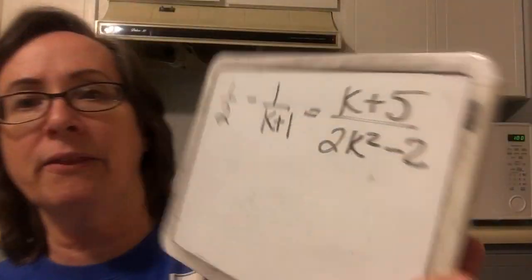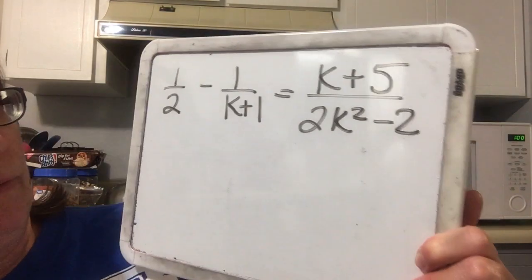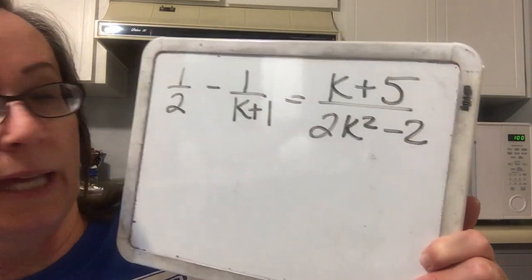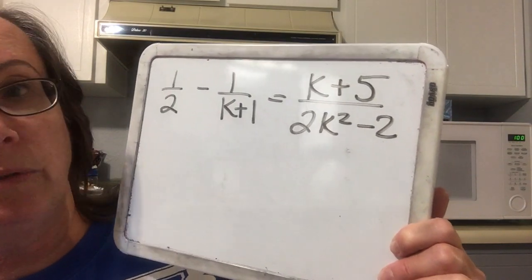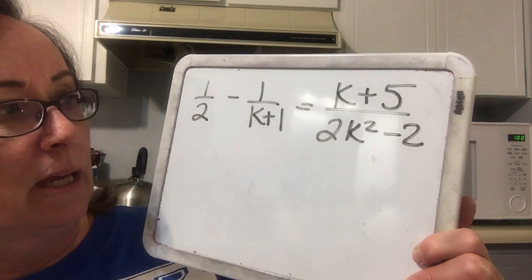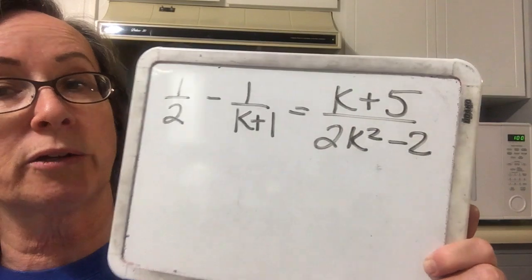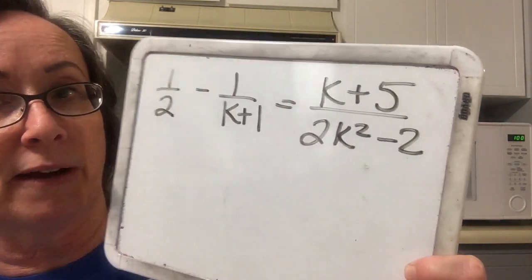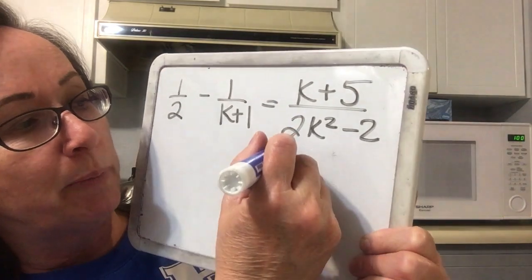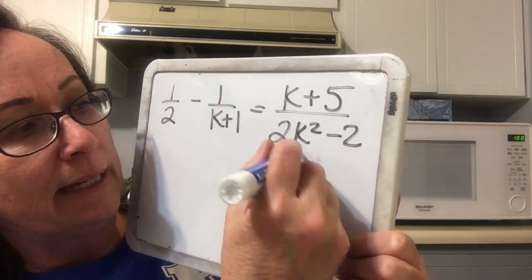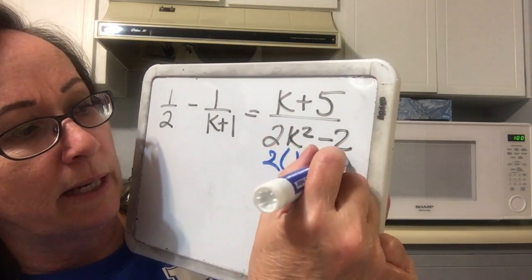Okay, so here we have another one. And we've got 1/2 minus 1 over k plus 1 is k plus 5 over 2k squared minus 2. So remember, we're going to factor every denominator to find out what our least common denominator is. If I pull out a 2, I get a k squared minus 1.